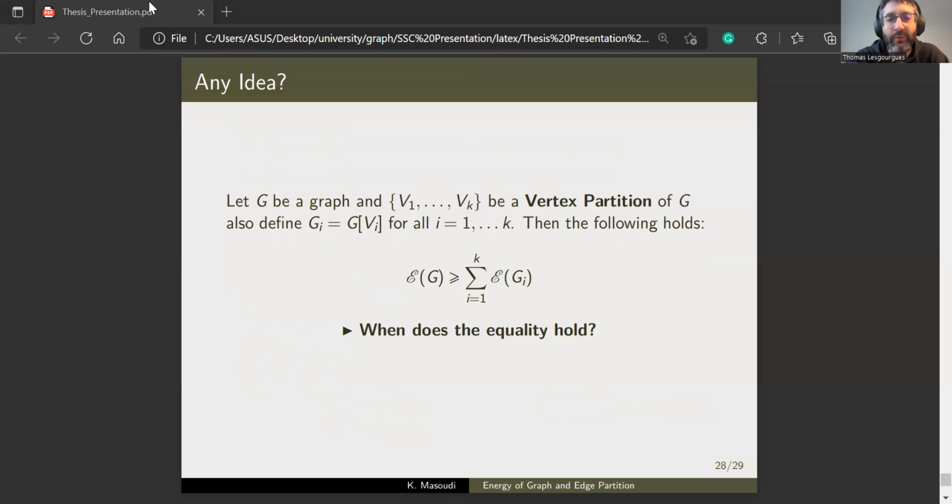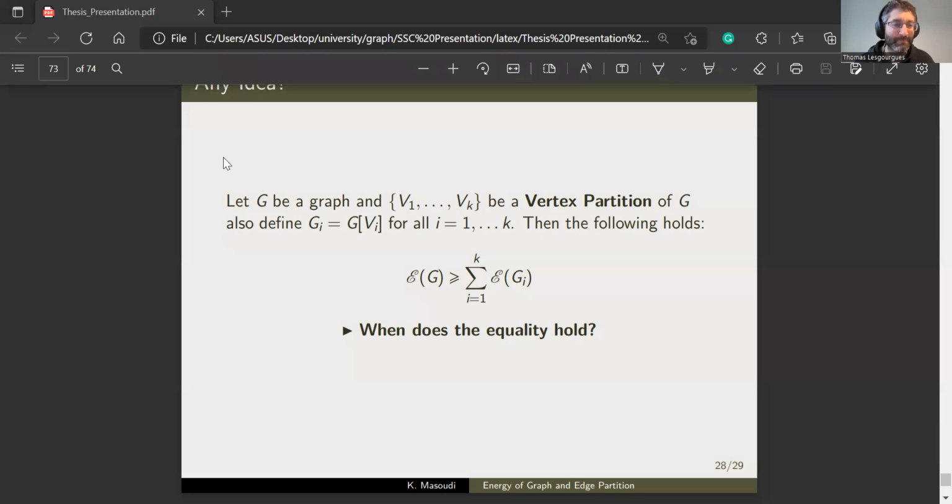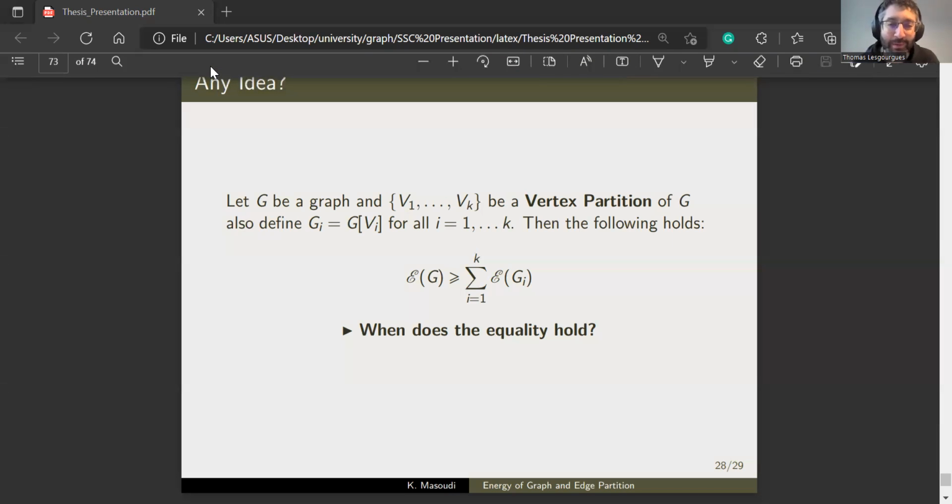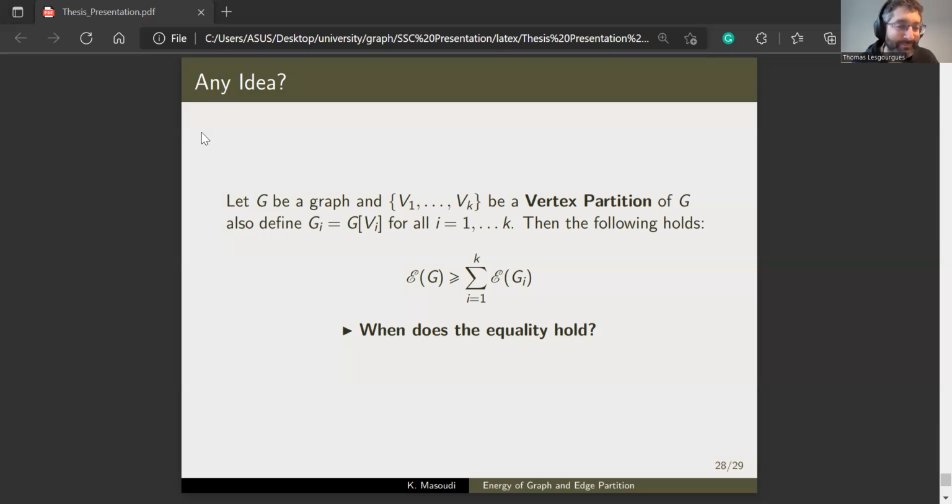I think no, we can't find a good, sufficient, and necessary condition for this question. We tried to find this condition. Yeah, I guess it's not easy. I'm just saying that it must be quite difficult to find a good, sufficient, and necessary condition. But yeah, thanks. It was nice.